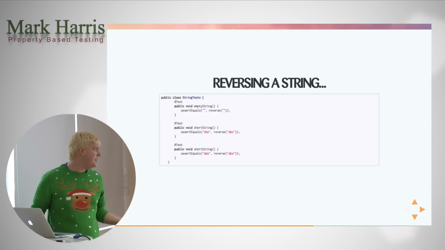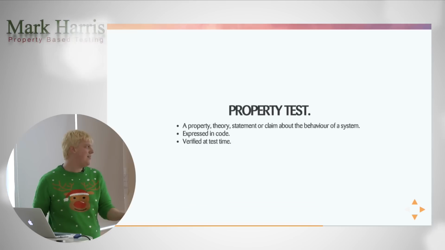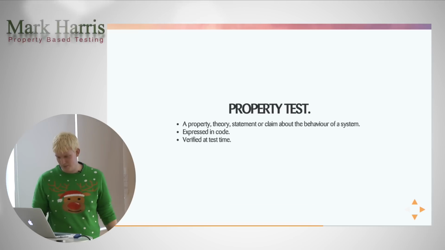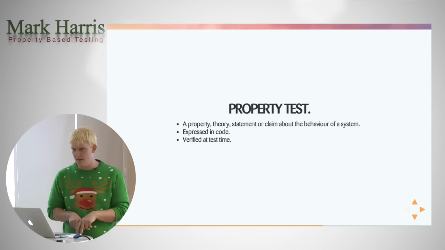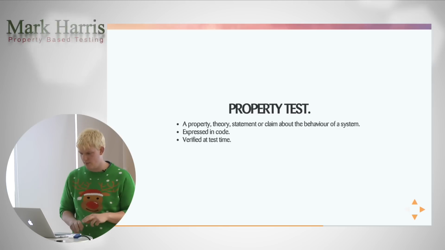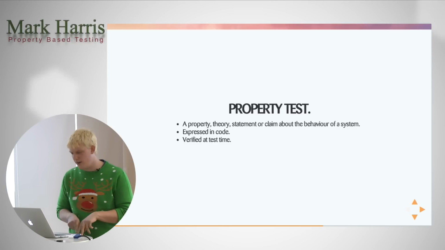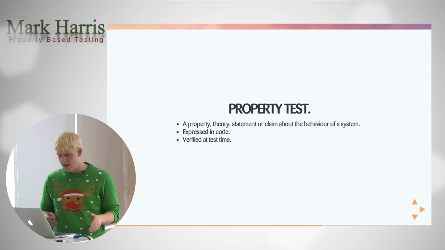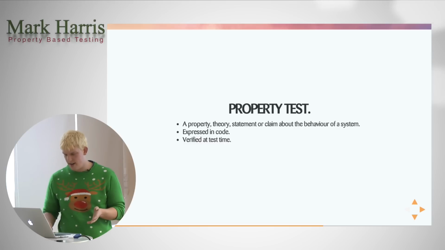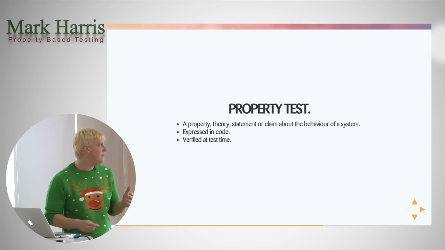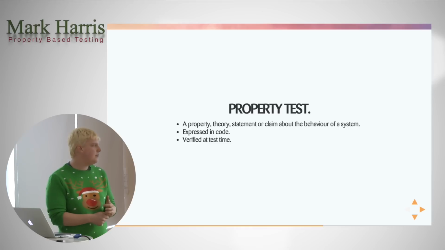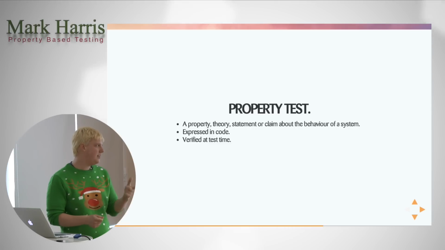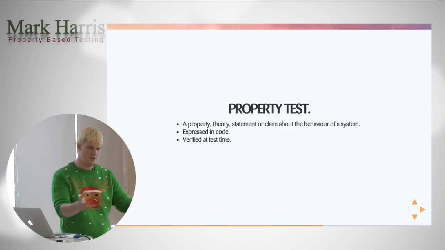And then a property test is a theory statement or claim about the behavior of a system. And I think that you have to express it in code. I've certainly not seen a way to express it in text yet. And you verify it at test time. And I think it's important because everywhere I've seen property tests used, people are talking about the generators and the random data that you feed in.